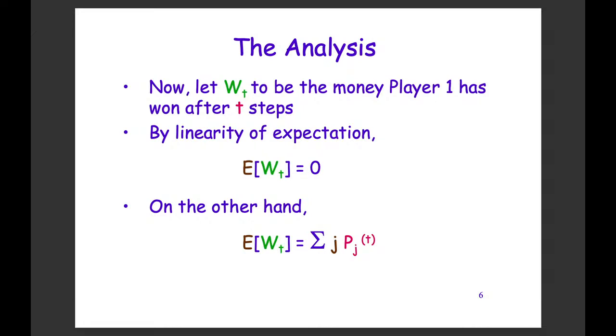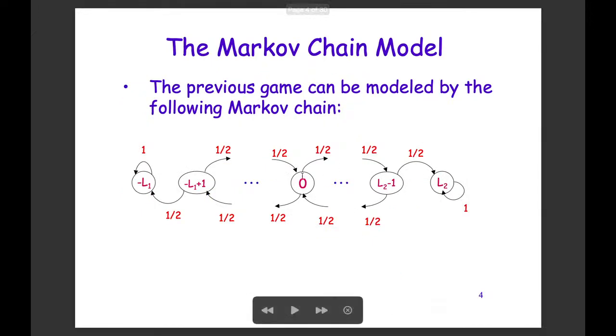But then you will see that no matter what happens, the expected money that you are going to win at any stage will be equal to 0, because there is half of a chance that you are going forward one step, half of a chance you are going backward by one step. So half of a chance you are adding 1, half of a chance you are subtracting 1. So in the end, it adds up to 0.